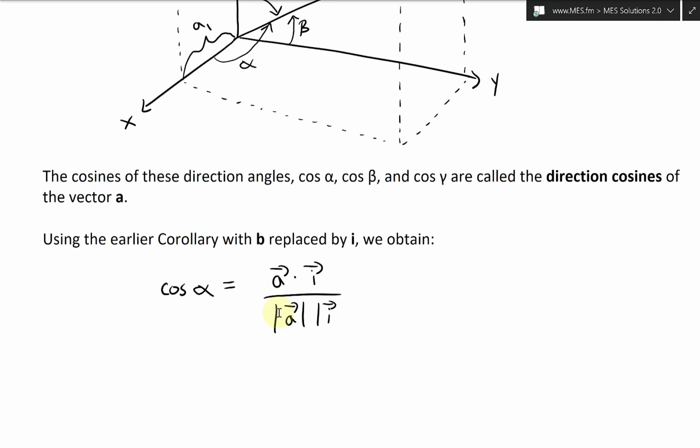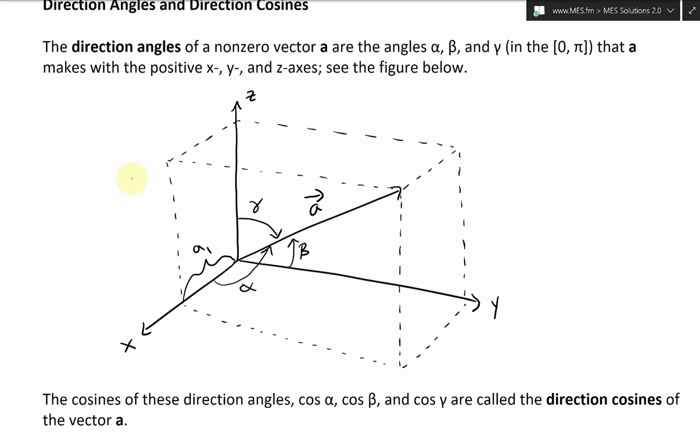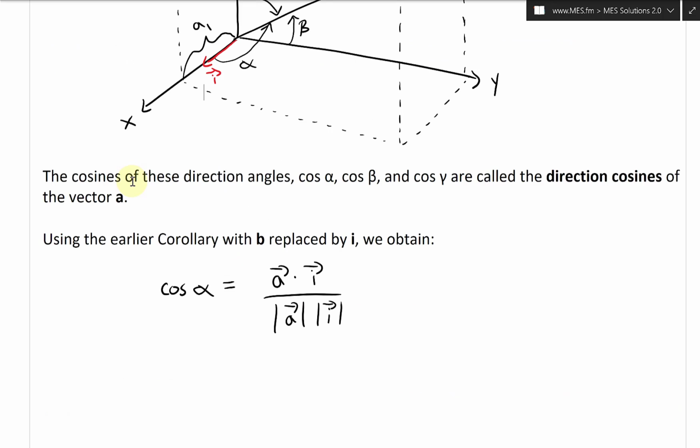However, it is important to include this I there. This is going to be the I unit vector, or the I standard basis vector, and its length is 1.